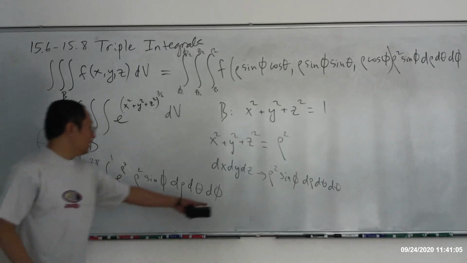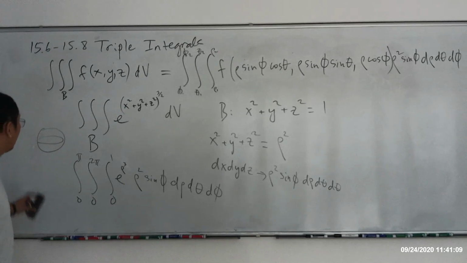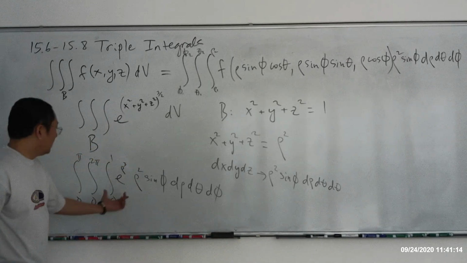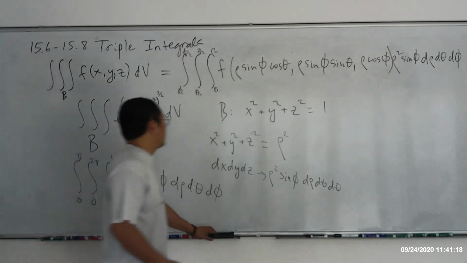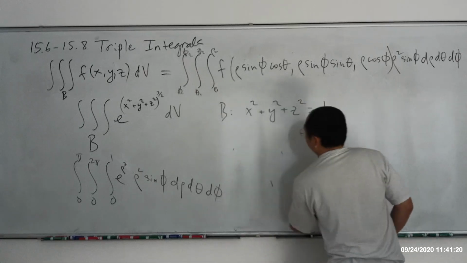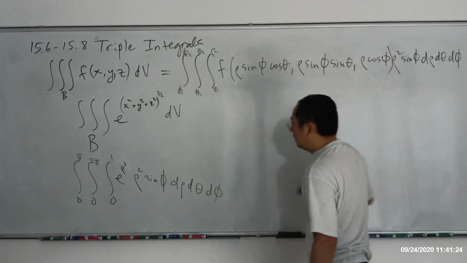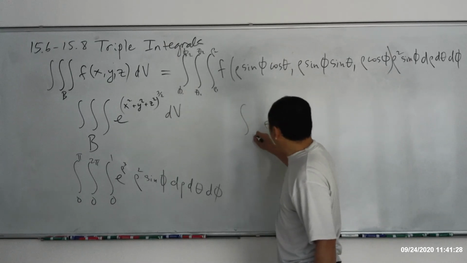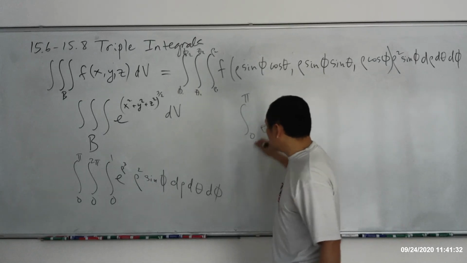Let's just give you an explanation about phi, just 0 to pi, okay? And then integrate this, inside out. I think this is separable, right? All variables separate, so you can rewrite it this way, it'll be easier. Integral from 0 to pi for phi, sine phi d phi.